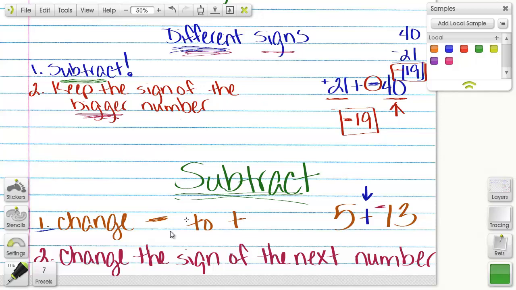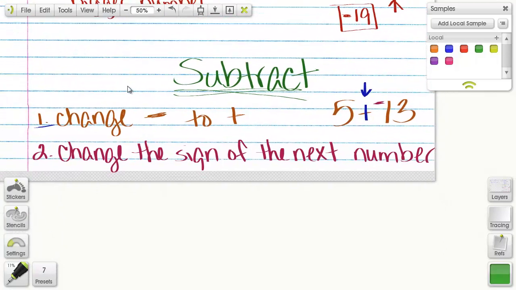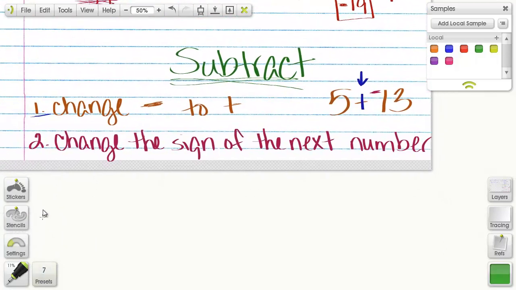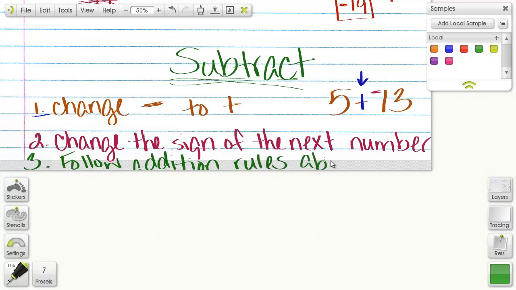And the very last thing you need to know, I'm going to scoot my paper down. The very, very last thing is to follow addition rules from above, at the very top. So for example, this one I have a positive plus a negative, so my signs are different.